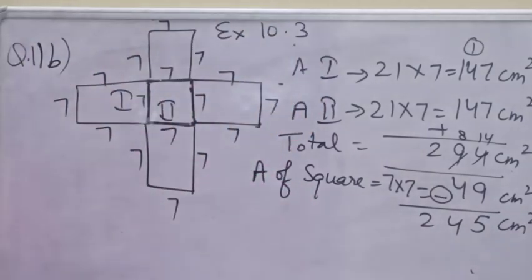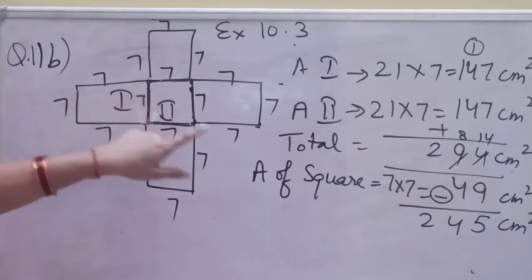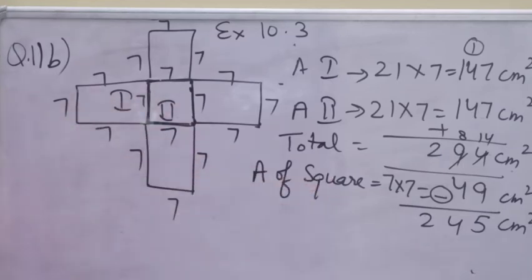So now our final area is 245 centimeter square. Remember one thing, this you have counted double, so you have to subtract it one time. So this is part B.